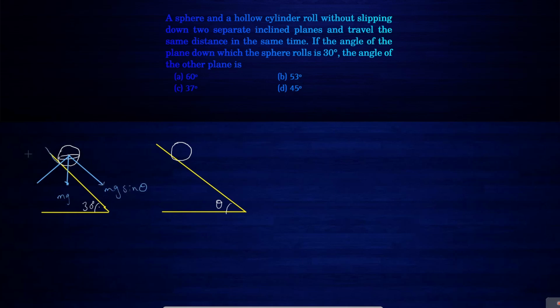And this will be F, the frictional force. mg sin theta minus F equals ma. First equation. Then F r equals 2 by 3 m r square alpha. Second equation.